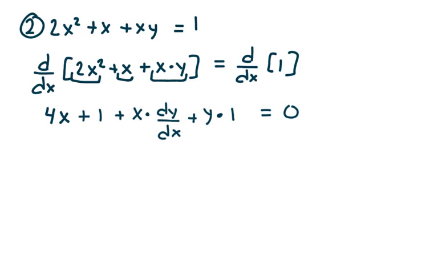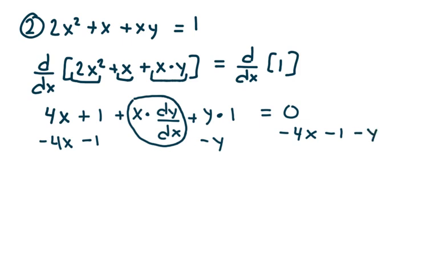Okay, so from here, what I want to do is isolate the term that involves dy/dx, and that's this term right here. In order to do that, I'm going to subtract 4x on both sides, subtract 1 on both sides, and subtract y on both sides.